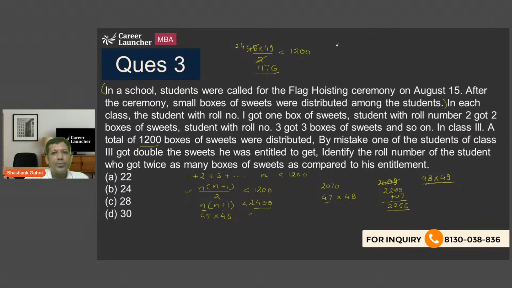So अगर class में 48 students हैं, then total number of boxes distributed should be 1176.